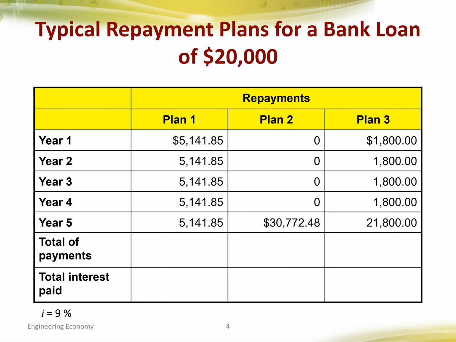And again, for these 3 plans, the numbers you are seeing in fact reflect an interest rate of 9%, so that Plan 1, Plan 2, and Plan 3 are of the same value. They are of economic equivalence.